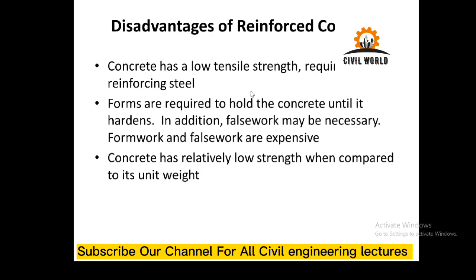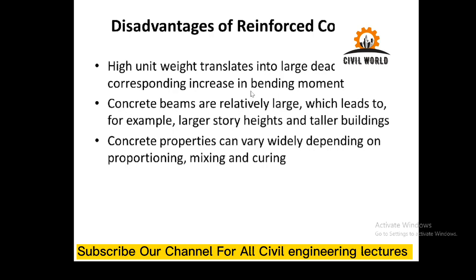Because of this lower strength to unit weight ratio, heavier sections of concrete are required during construction, which increases the self weight of the structure, and when self weight is increased, it induces additional stresses into the concrete. So the stresses induced in the structure because of its own weight are quite high.